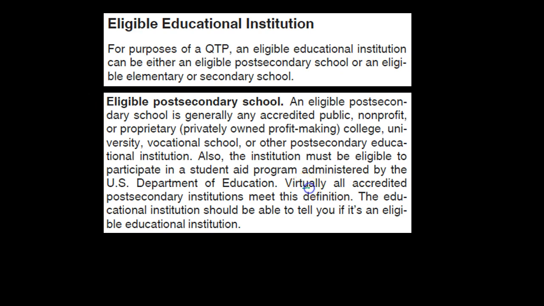So key term here, virtually all accredited post-secondary institutions. So you want to basically go to the institution, you want to see that they are accredited. If they are, virtually all of the institutions meet this definition, but then of course you want to contact the institution and just verify that that is the case. The educational institution should be able to tell you if it's an eligible educational institution.